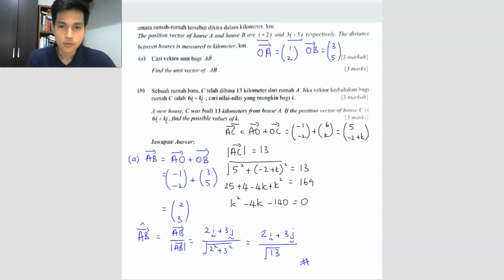Now you can factorize like you normally do, using your calculator. You should get k minus 14 and k plus 10. So from here we know that k equals 14, or k can also equal negative 10.